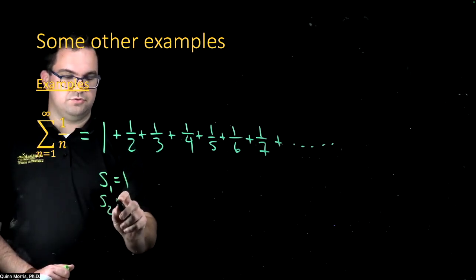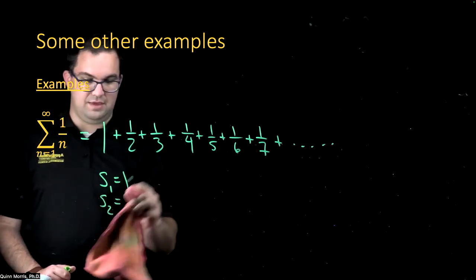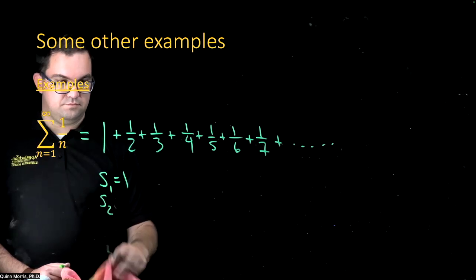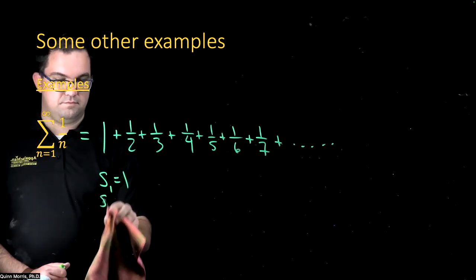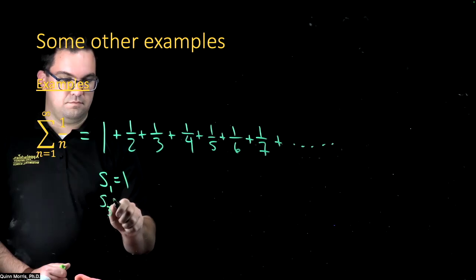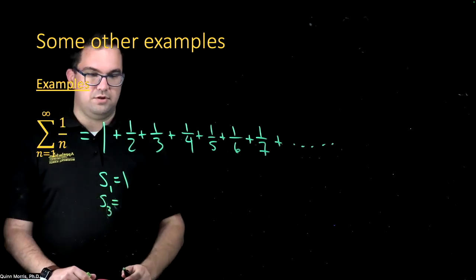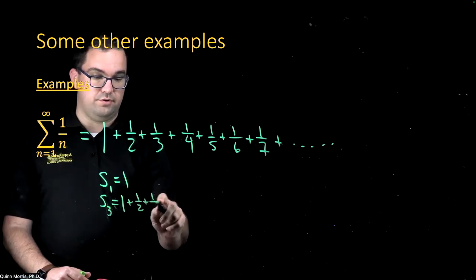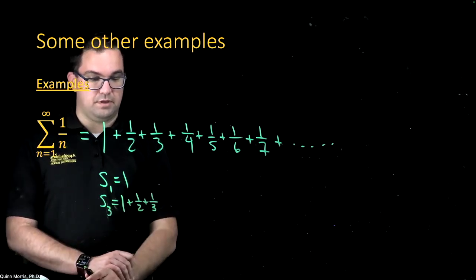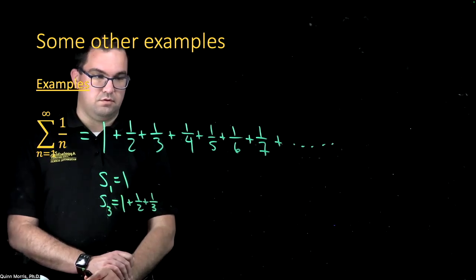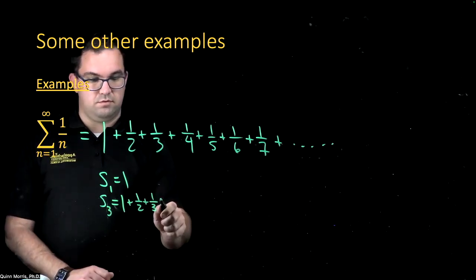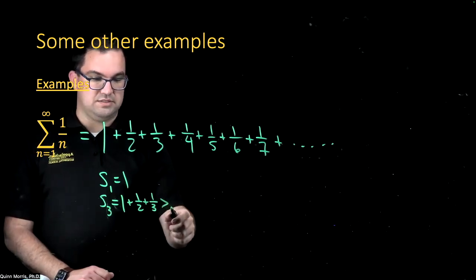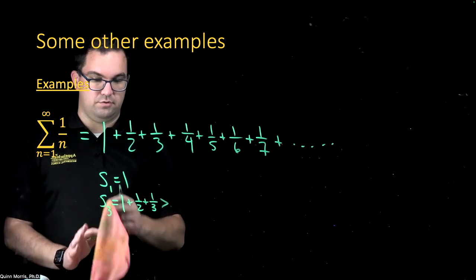Then you look at the third partial sum. Okay. And what I'm going to do is notice that's 1 plus 1/2 plus 1/3. But this is bounded below. Let's see, I can make each of these smaller.